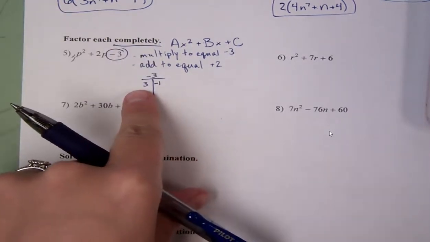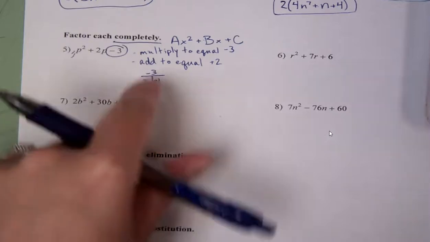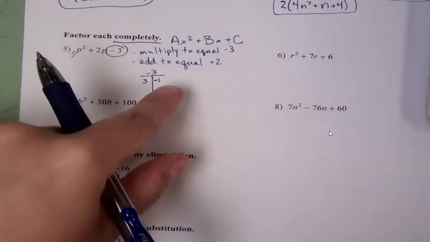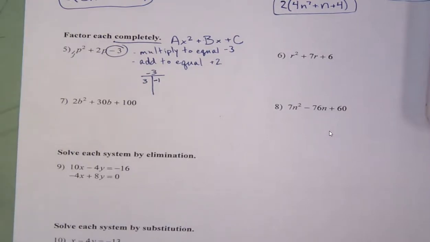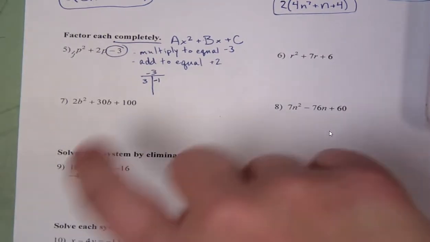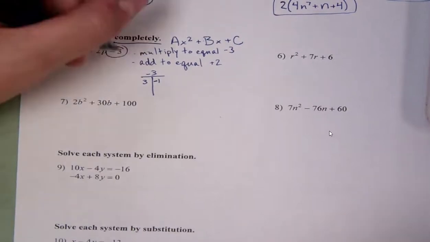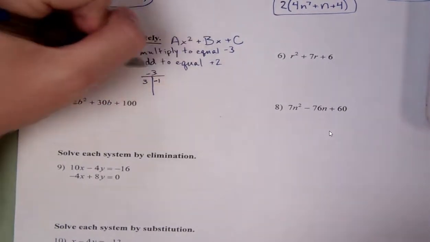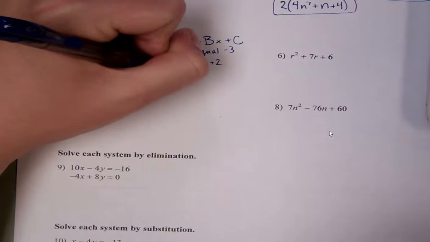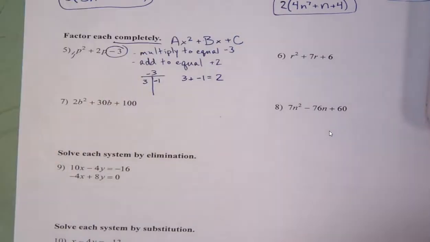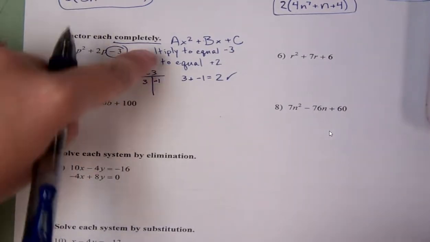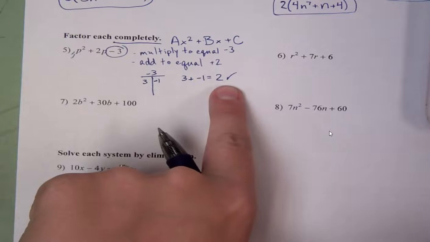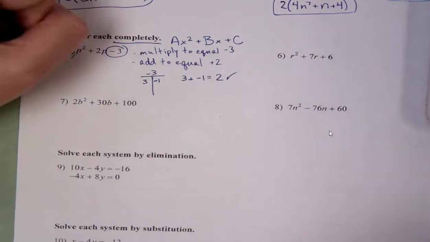Because if you put it on the 3, making this a -3, and then you add -3 plus 1, you're going to end up with a negative number there. You don't want that. So the 1 is what's going to be negative, because when we add these together, 3 plus -1 equals 2. So that's what we want. We want to multiply them, 3 times -1 to equal -3, and add them to equal +2. We have our 2 numbers.